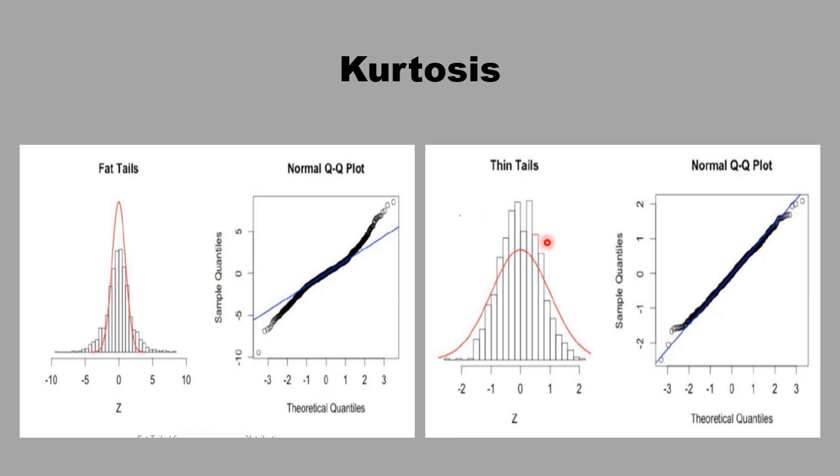On the other hand, if there's an issue with thin tails, most of the data is actually in the central part with very little spreading on the two sides, then we'd have another form of deviation from the central line. There will be some deviation at the beginning here because we don't have enough data in this area, and there will also be some deviation at the end here in the other direction because again we don't have enough values in this area.